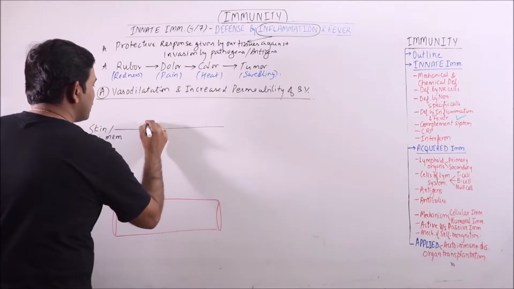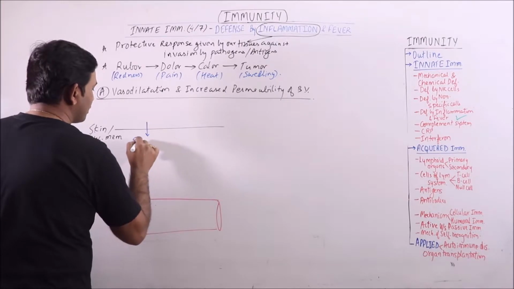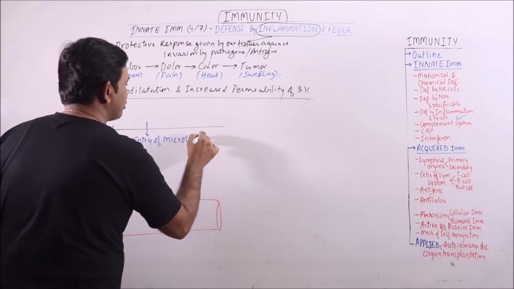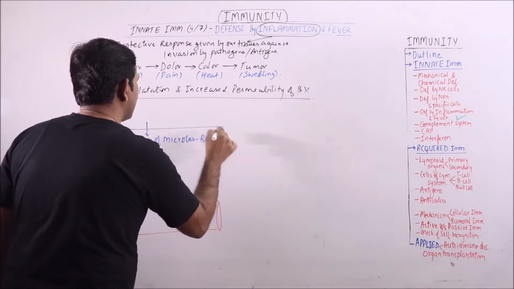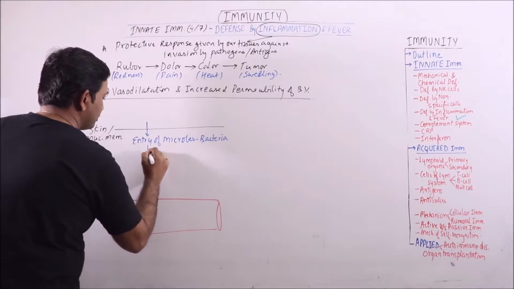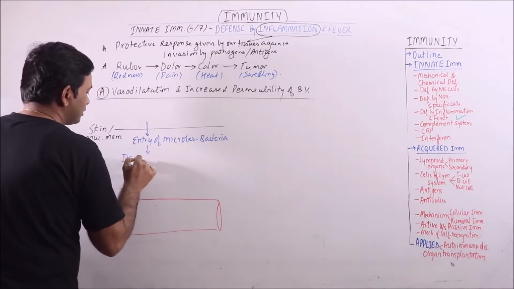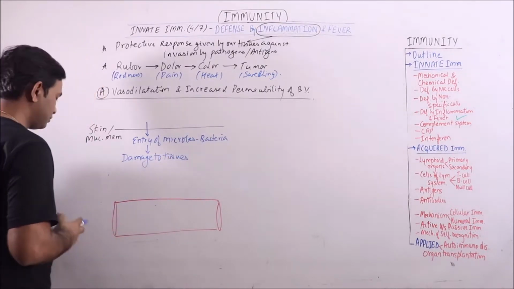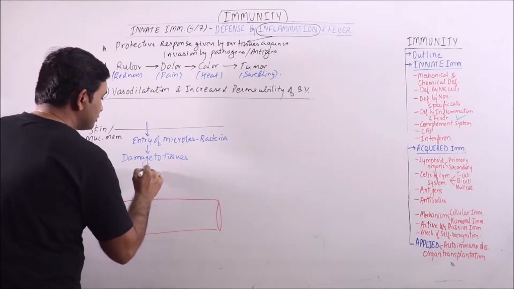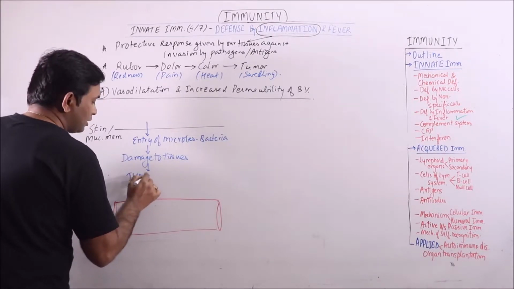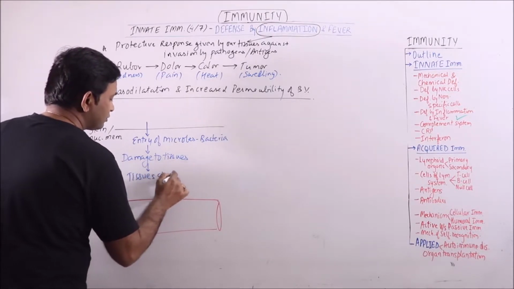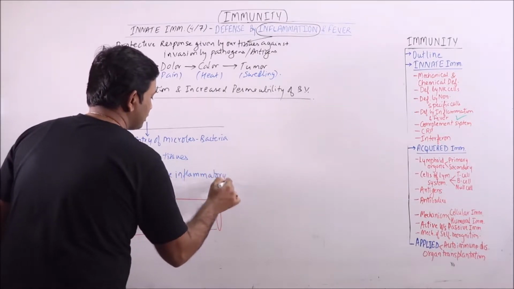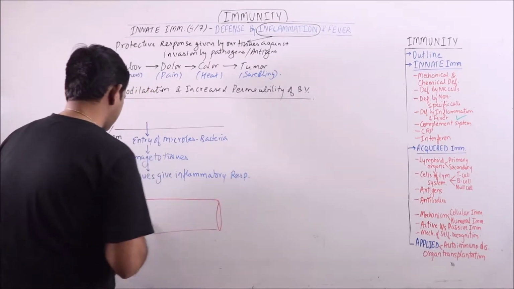The first step is entry of microbes like bacteria. Then it results in damage to tissues. As a result, tissues give an inflammatory response.